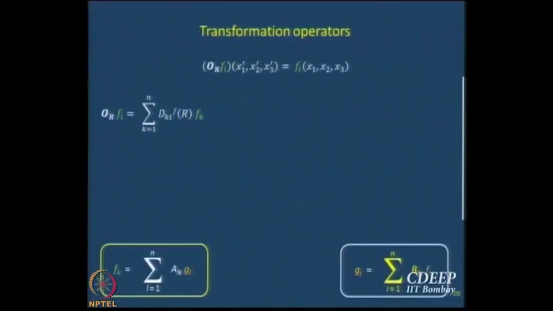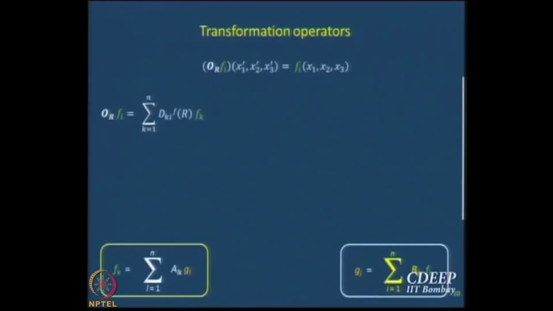OR Fi equal to sum over k equal to 1 to n dki R Fk. Remember, that is what we were saying a little while ago, is not it? Sum over k dki means once again we are going down. Why are we going down? Because d of R, what is d of R?